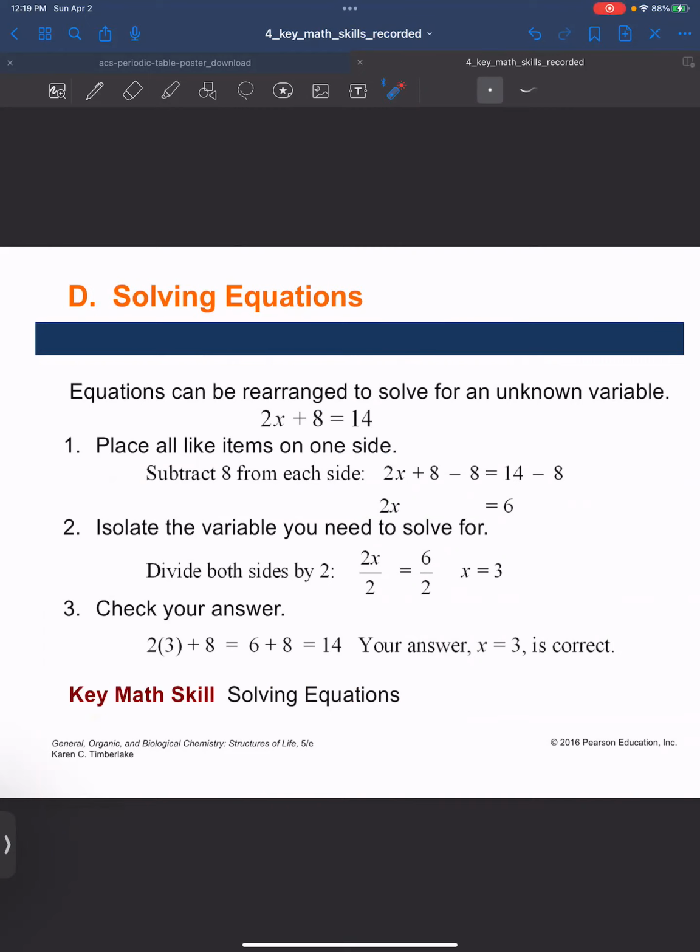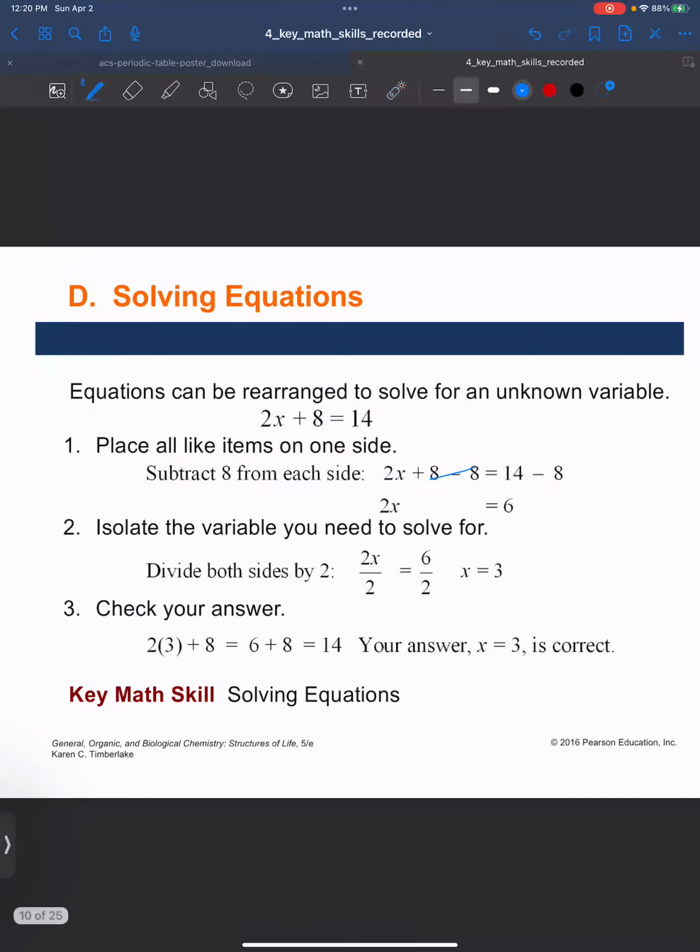When we're solving equations, we will need to be able to rearrange them to solve for an unknown variable. So for example, if I have 2x + 8 = 14, I'm first going to place all like items on one side. So I'm going to move the 8 over here. Subtract 8 from each side. Subtracting 8 from each side helps me get rid of the 8 on the left, and 14 minus 8 is 6.